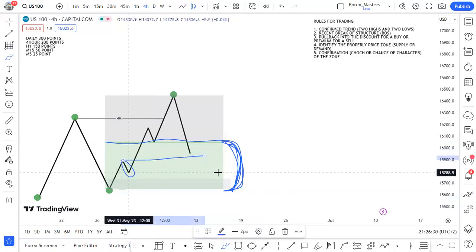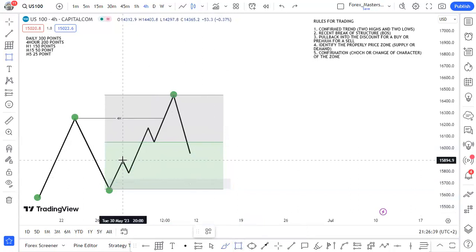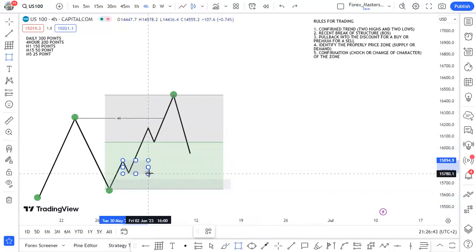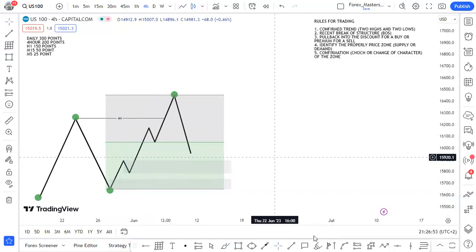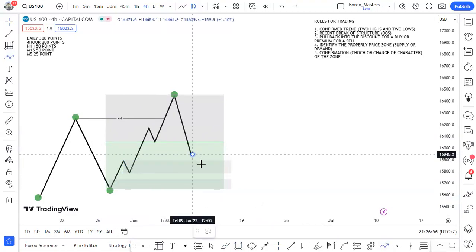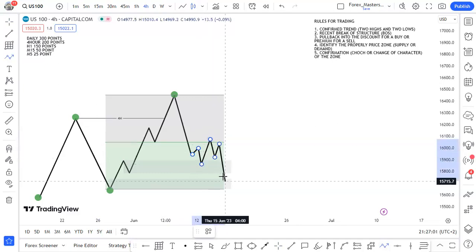But once price gets to that area, this is where you can look for confirmation. Why do we want to look for confirmation? Because once we start looking at the concept of liquidity, this zone may just be used to create enough inducement and liquidity in the market for those early buyers. Sometimes the market makers may use this zone to create inducement for early buyers in order to take them out.